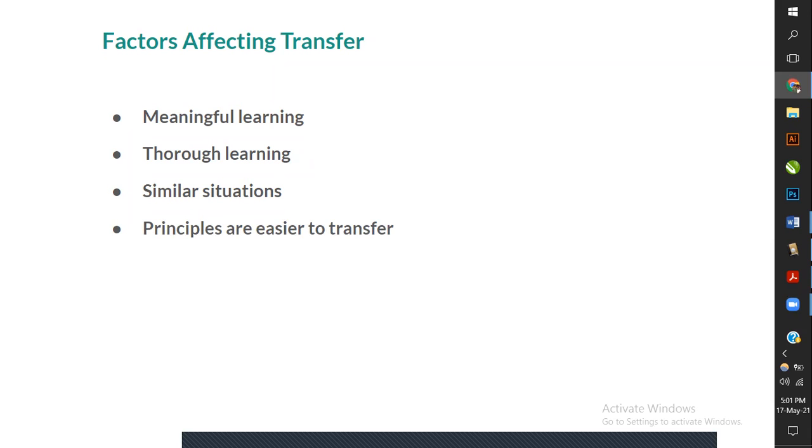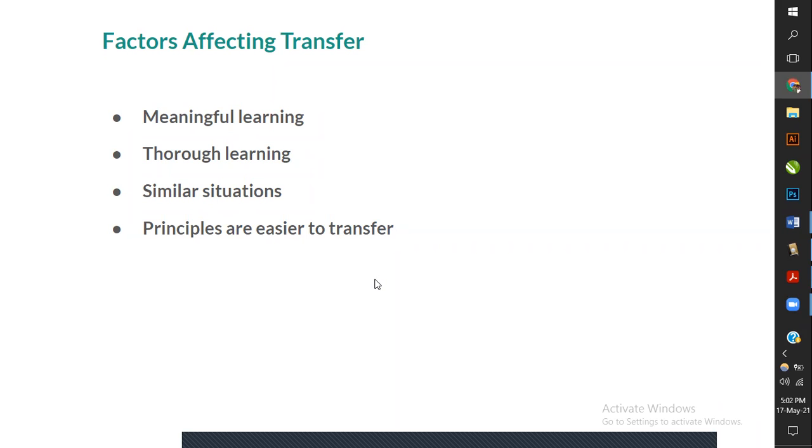When we learn principles, it's much easier to transfer that into a problem solving question. For example, if I understand motion equations as per physics, I may be able to understand and solve any motion equation.